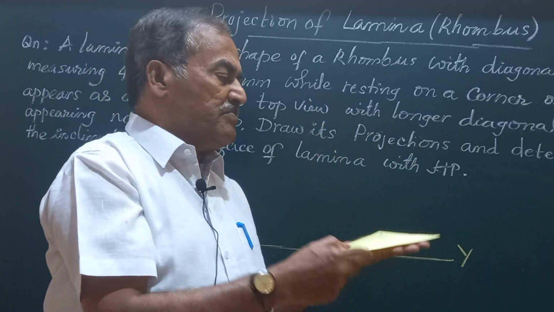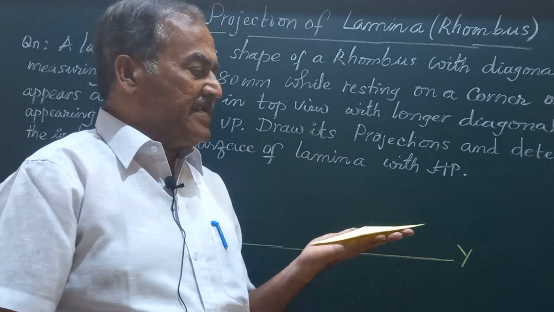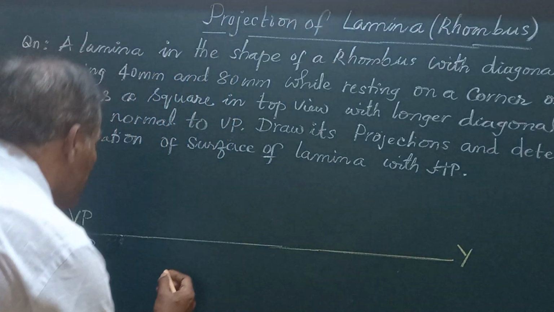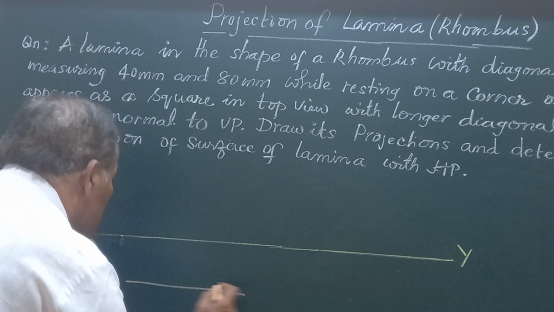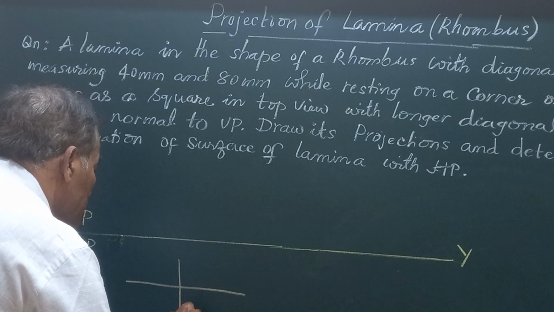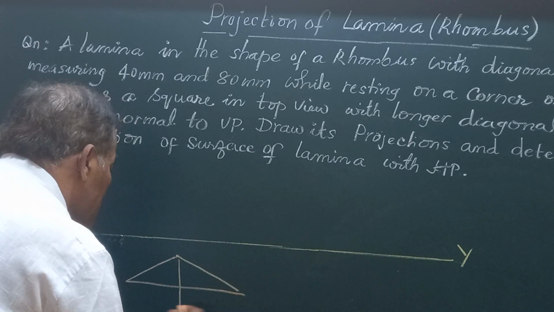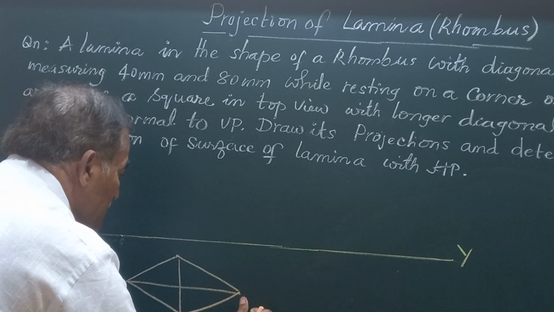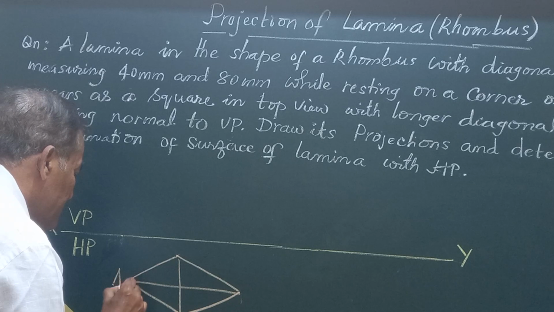So friends, let me write down the top view, a rhombus having diagonals 40 by 80, and the front view, a line on XY. So I will call this as ABCD.